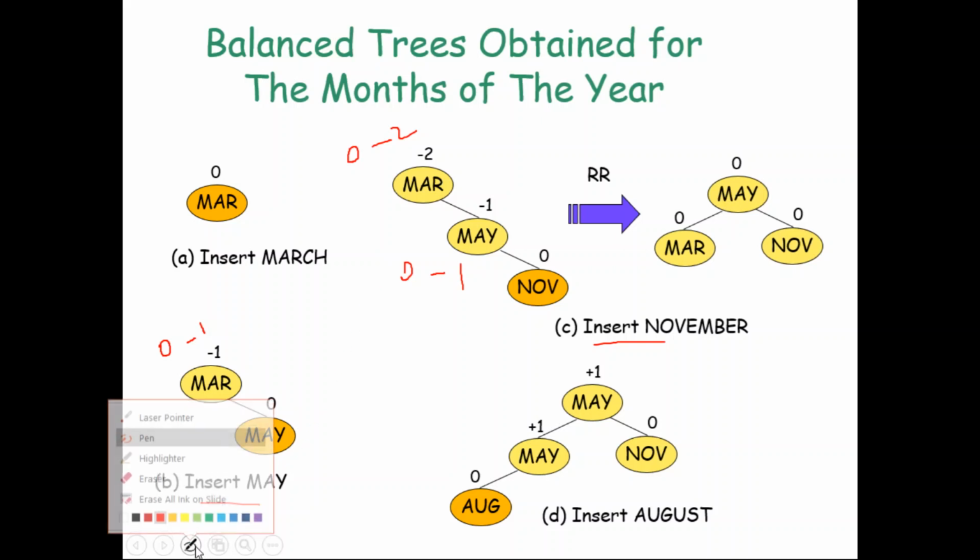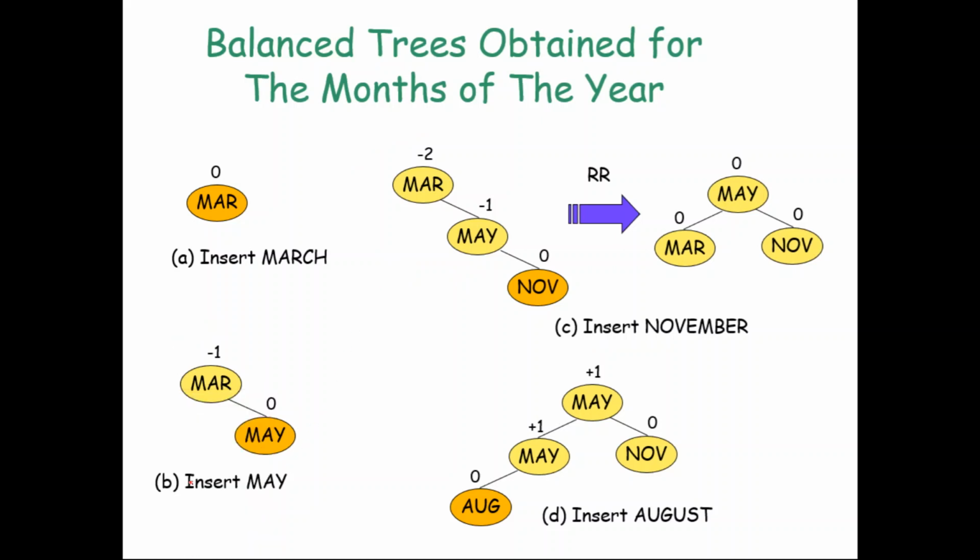Whenever it becomes unbalanced, you have to balance it. So how will you balance? There are different techniques, and depending on the type of imbalance, you have to do some rotations. In this case, the imbalance was created by adding this node November.